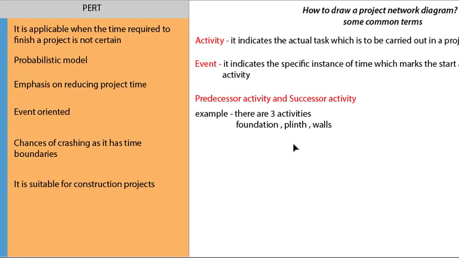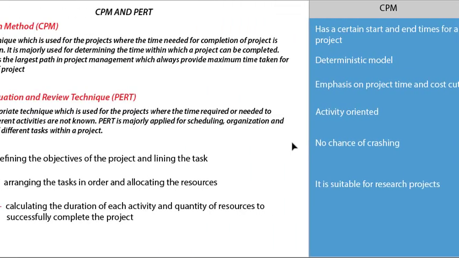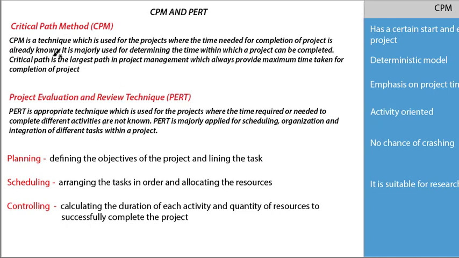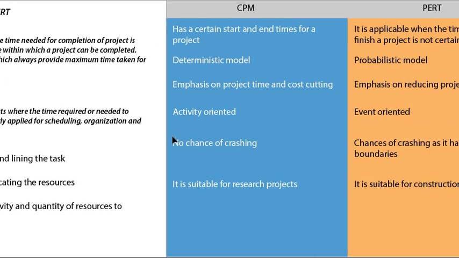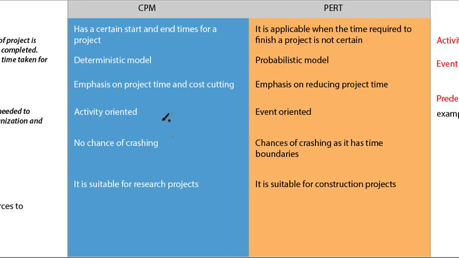So let's just have a quick revision of today's class. We saw the CPM part, we saw what it is used for, and then we saw the difference between CPM and PERT. The main difference is deterministic and probabilistic, which is asked plenty of times, not only in GATE but also in all the government exams. CPM is deterministic, PERT is probabilistic.